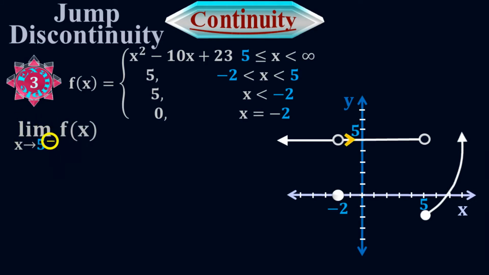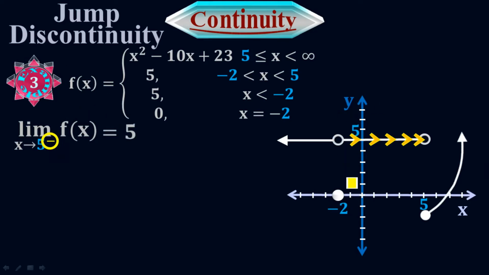As I start approaching, I get closer and closer up to the point which is extremely close to 5. Since I'm coming from the left side, I'm going to come less than 5, like 4.99999, which approximately equals 5.